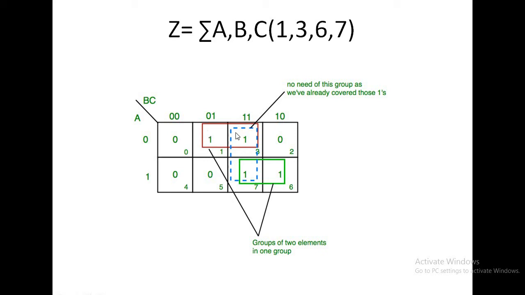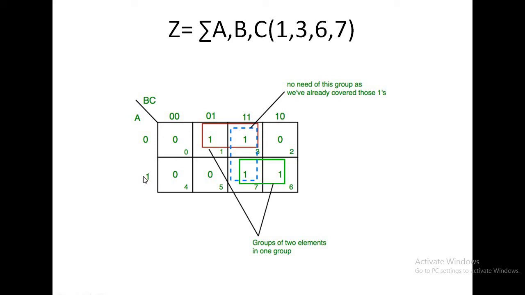Then these 2 ones belong to these 2 columns, and which one is common? Here 1 is there, and here also 1 is there, but 01 is different. So 1 means C. 00 means B prime C prime, 01 means B prime C, 11 means BC, 10 means BC prime. 0 means prime, 1 means same.